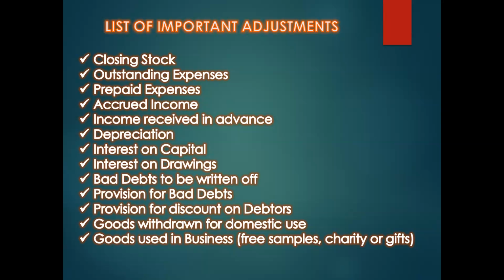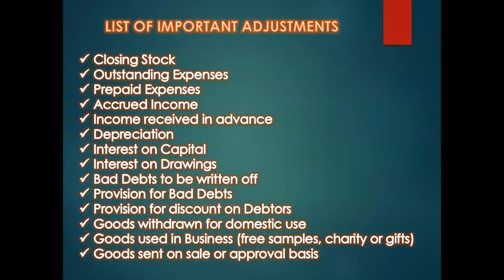Then goods used in business, that is giving out free samples, charity or gifts, and goods sent on sale or approval basis. That is for approval of the particular product. A few goods can be sent as samples.